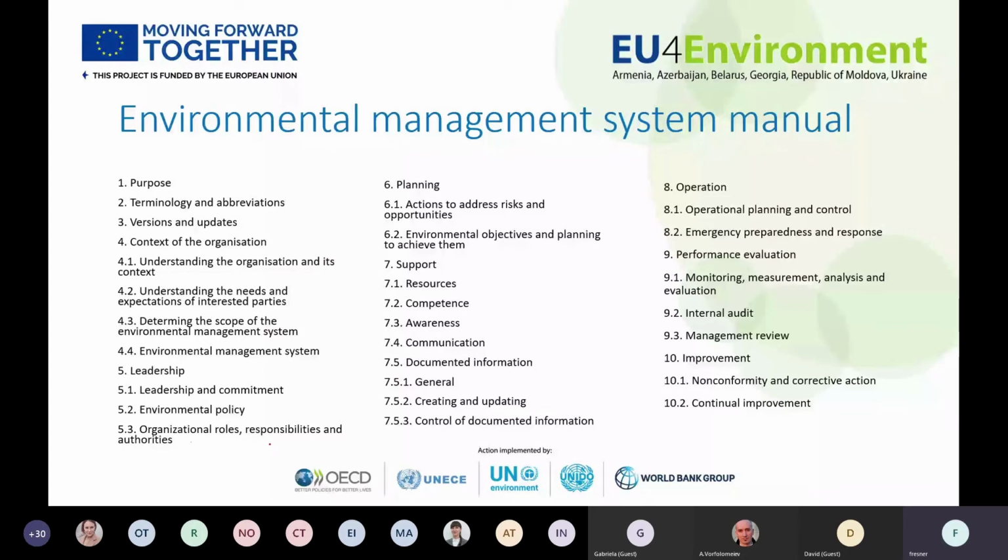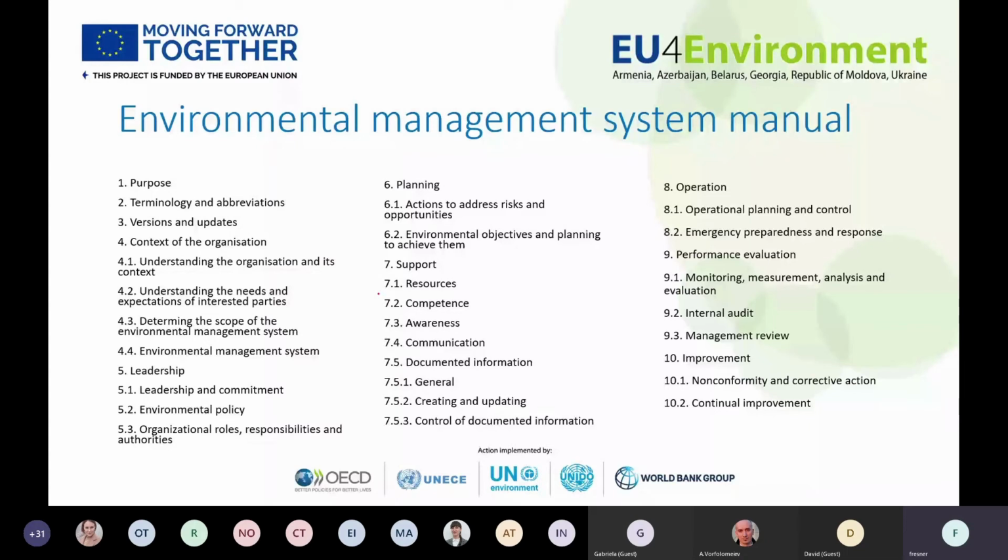Then the planning, this is basically now the identification of environmental aspects as we did it yesterday, leading to objectives. And then this part is called now support.